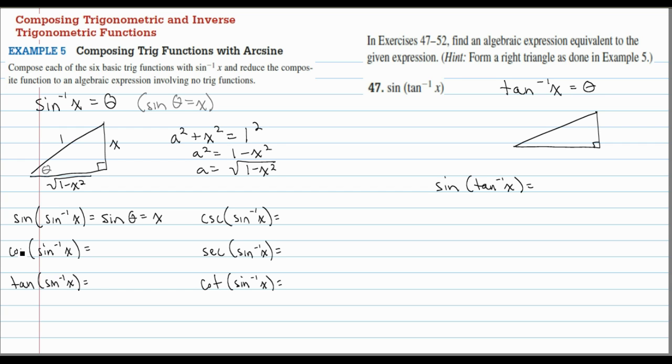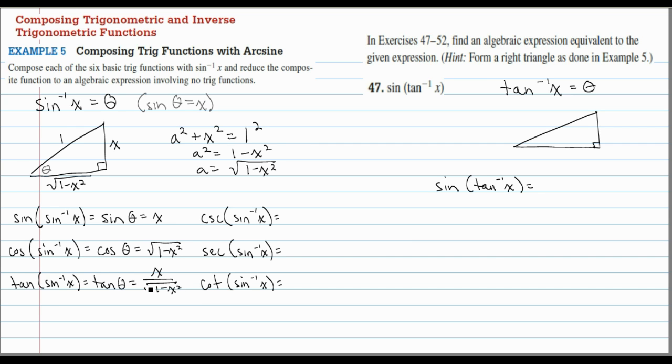The cosine of the angle whose sine is x, or the cosine of theta, is the adjacent over hypotenuse, so square root of 1 minus x squared. The tangent of the angle whose sine is x, or the tangent of theta, is the opposite over adjacent, so x over the square root of 1 minus x squared.